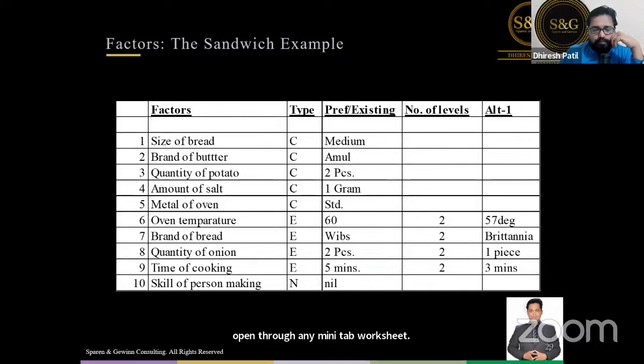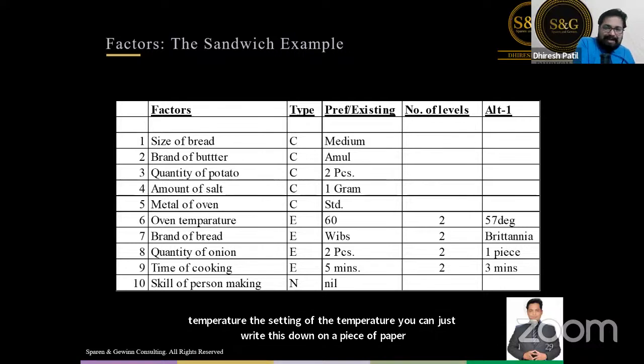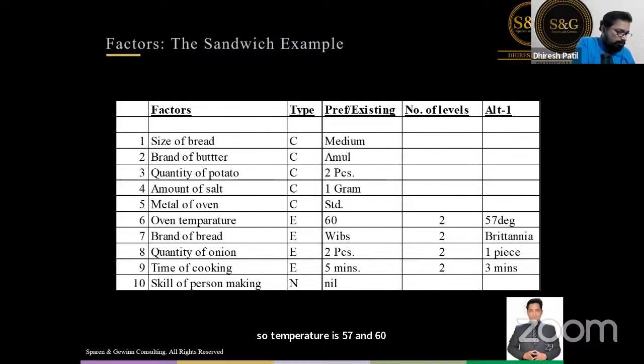Let me write this down. You guys can write this down as well. The setting of the temperature, you can just write this down on a piece of paper. So temperature is 57 and 60. The bread is Wibs and Britannia.